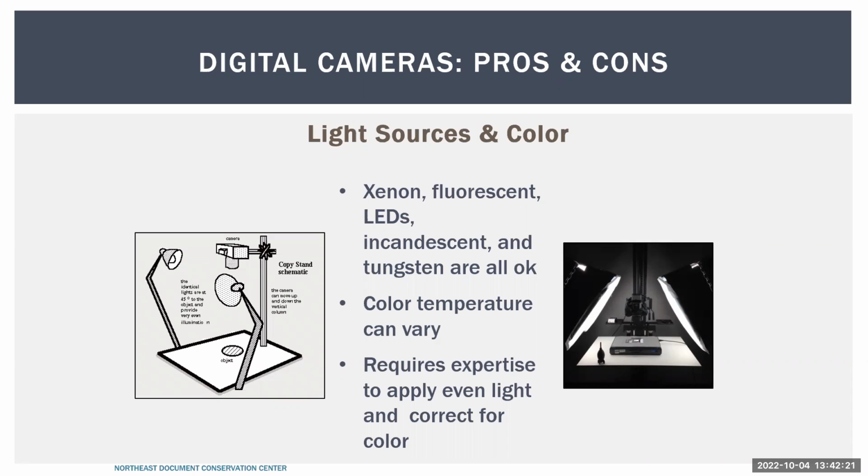Again, this requires some expertise to gauge, as does correcting for color. This might be too much tech for a community scanning day, but this could be the launch pad, as I mentioned, for further digitization projects. And it's always nice to have the option, if you have the interest and the expertise, to use this kind of equipment.